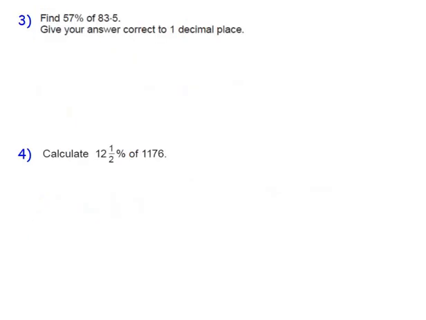The next question asks us to find 57% of 83.5, but it also says to give your answer correct to one decimal place. So we'll answer it the same way we normally do. So 57% is 57 out of 100 times 83.5.